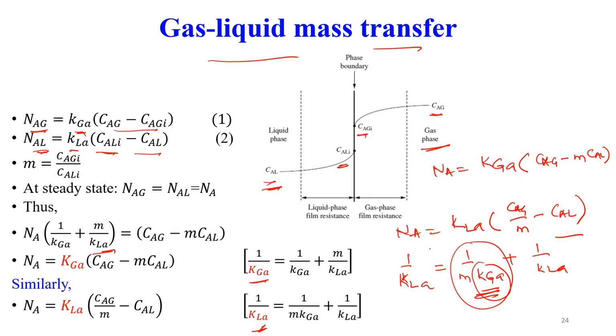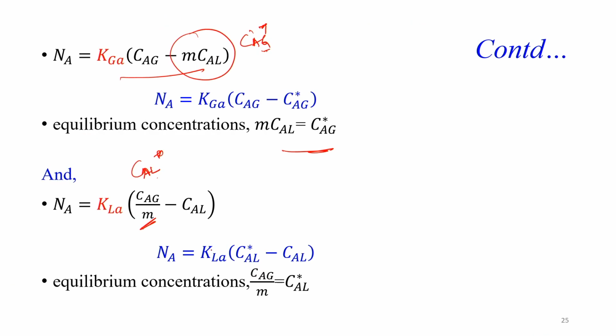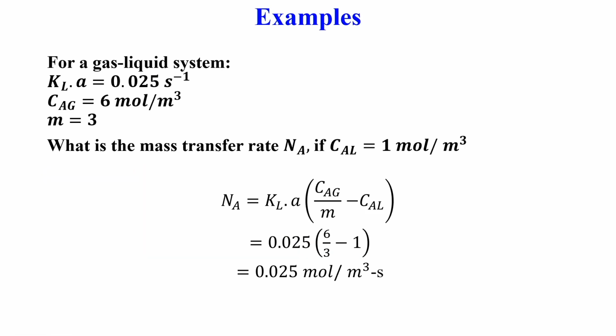Many times we find that small kLA equals the overall mass transfer coefficient in the liquid phase. So if the overall mass transfer coefficient is not available, we directly go with the individual mass transfer coefficient kLA.